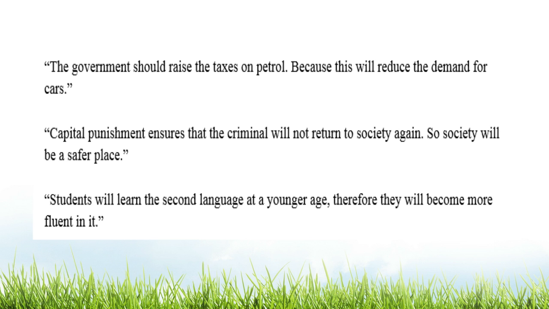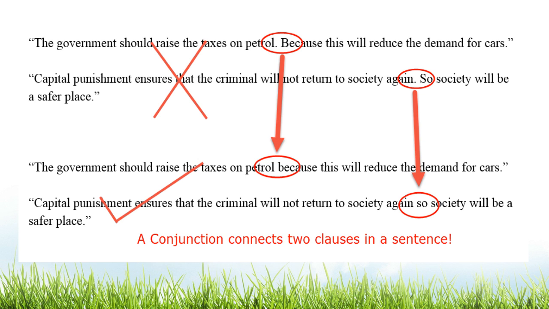Firstly, it's not understanding the difference between a conjunction and an adverb. You see, because and so are conjunctions. Therefore, you don't use them to start new sentences like it's used here. A conjunction connects two clauses in a sentence. Your full stop, which signals the end of the sentence, comes at the end of the two clauses.